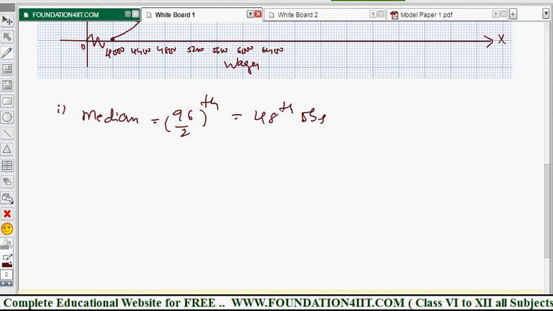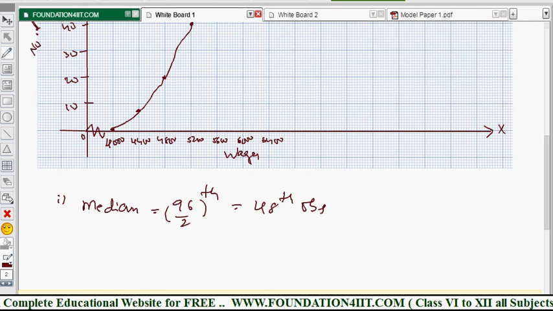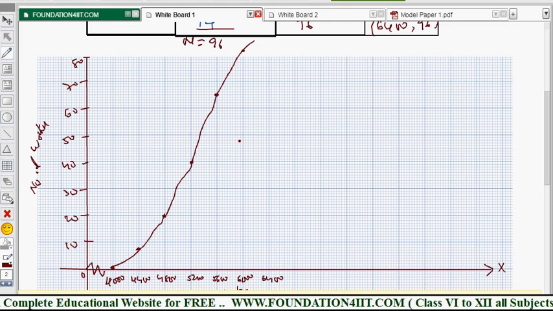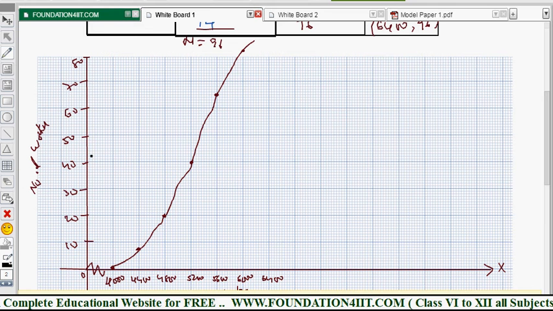From the ogive, draw a straight line from 48 across to the curve. From there, draw a straight line downwards to the x-axis.